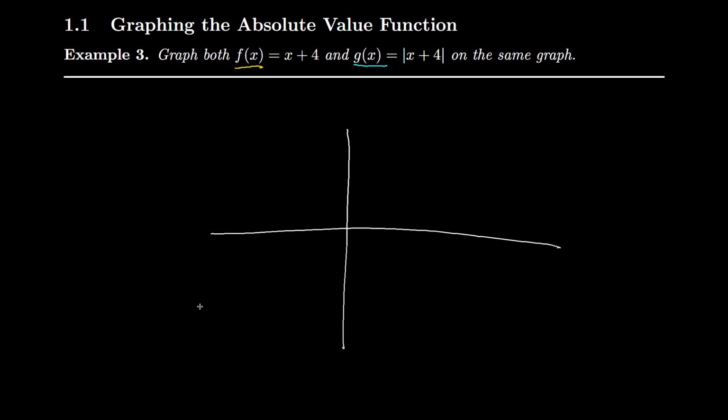Let's graph f of x equals x plus 4. Well, this is a line with a slope of 1 over 1 and a y-intercept at 4. So we can come up here to 4. Okay. And we can go ahead and try our best to graph this line. So it has a roughly diagonal slope like this. And if we keep it roughly straight, it looks something like this.